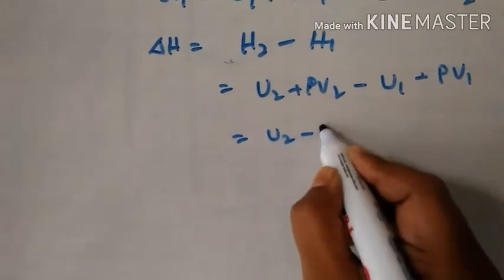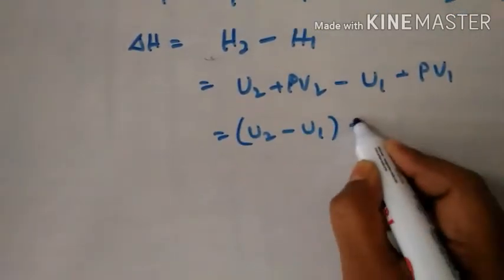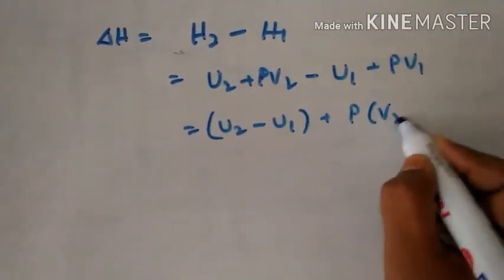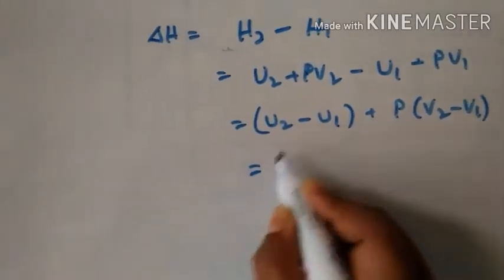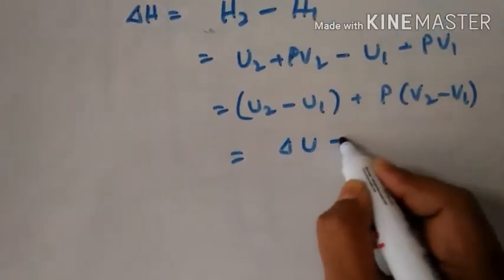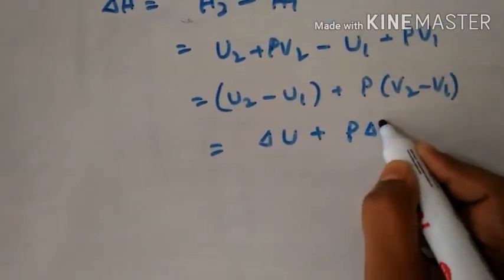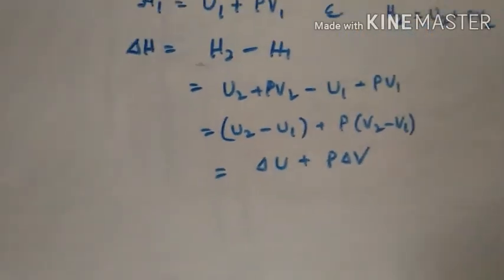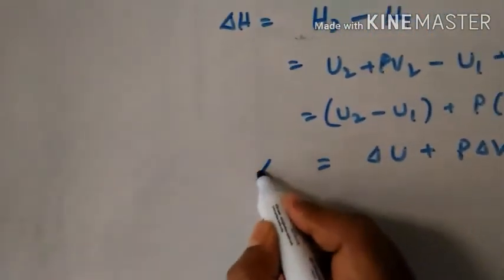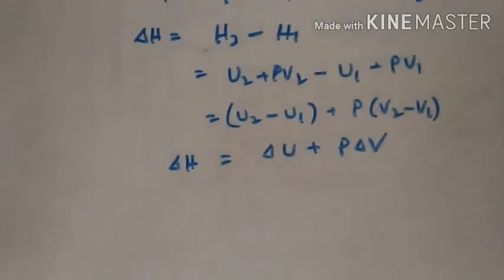So U2 minus U1 plus P times V2 minus V1, which is delta U plus P delta V. This is our actual delta H value.